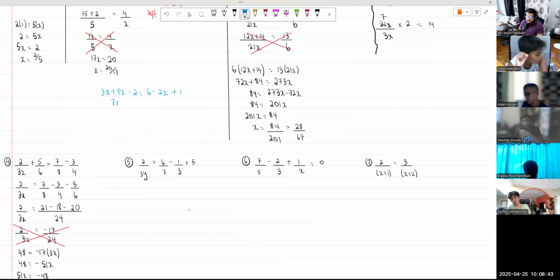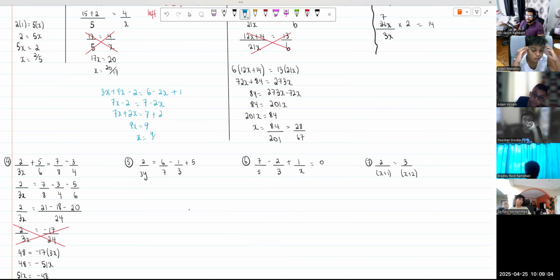This is 7x minus 2 is equal to 6 and 1 is 7 minus 2x. Everybody's okay with that? And then I can move around. 7x, move the 2, I get plus 2x. 7, move the 2, I get plus 2. I get 9x is 9, and x is 9 over 9, which is 1. Cool with that?